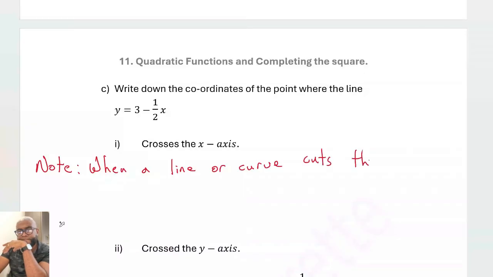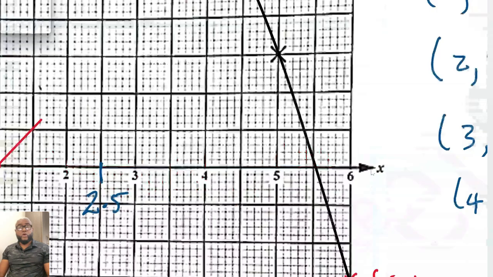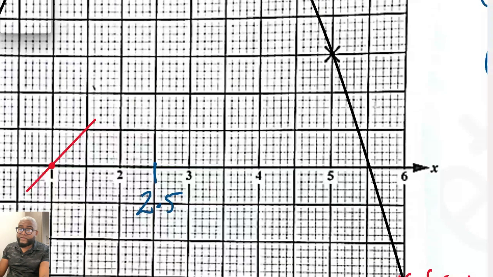When a line or curve cuts the x-axis, the value of y is equal to 0. So y is always going to be 0 when a line or a curve cuts the x-axis. Anytime a line or a curve cuts this x-axis, the value of y is 0.